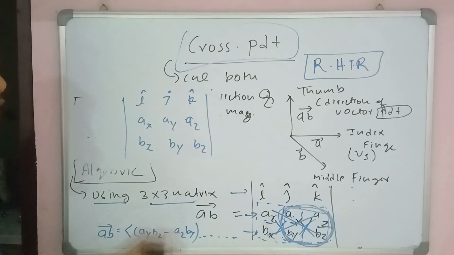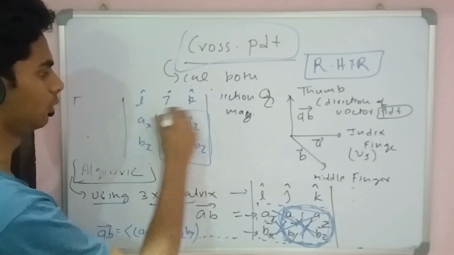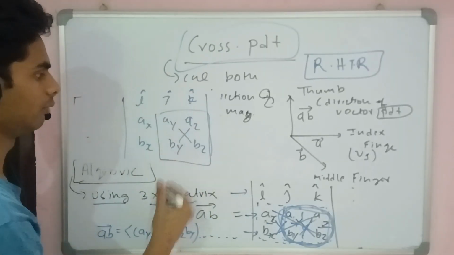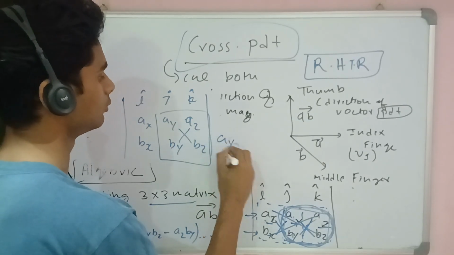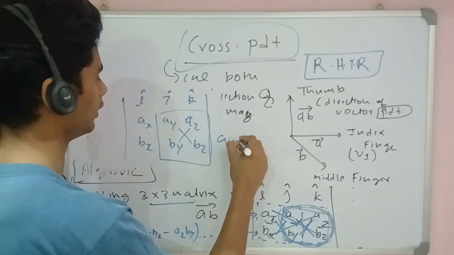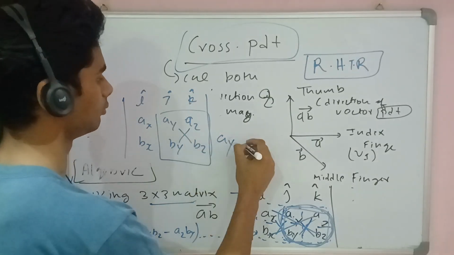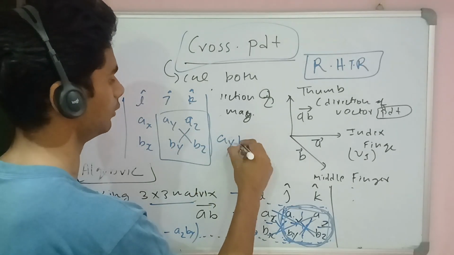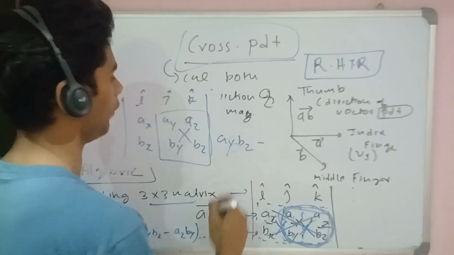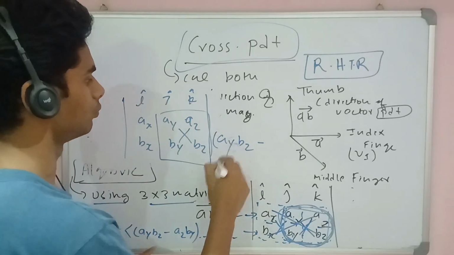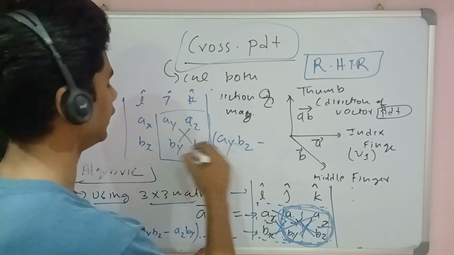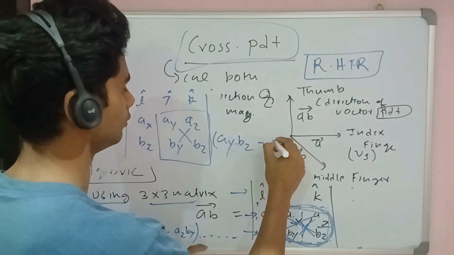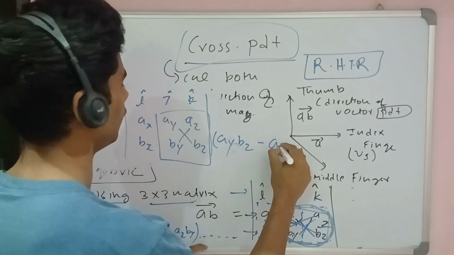First you make a first square and do cross multiplication: bz ay, and ay and az, ay and bz, and subtract this value. Then something like az and ay, az and by.